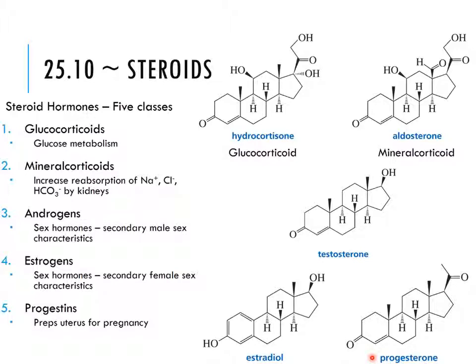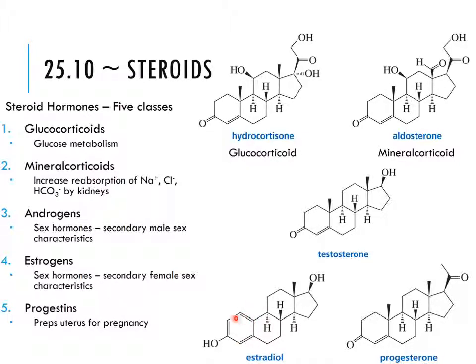If we look at all 5 of these compounds, again, they all have that 4-ring system. They all have these 3 hydrogens in the middle that are very specific in their stereochemistry. Our estrogen is the only one with a benzene ring, and it's the only one that's missing this methyl.